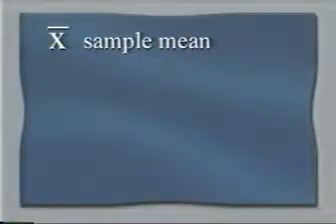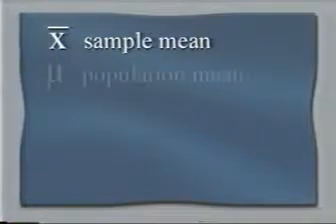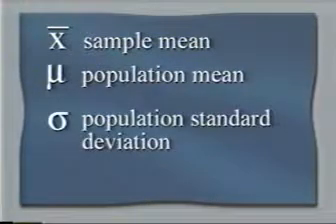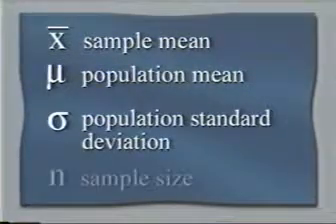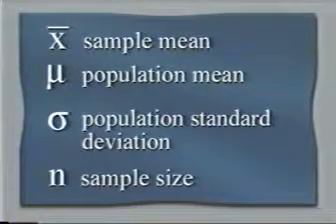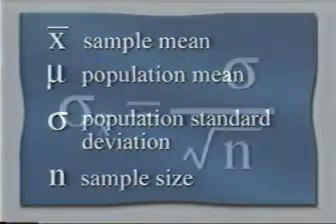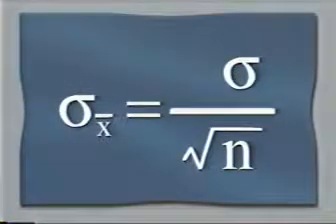What we must have to do this is a sample mean, x bar, a population mean, mu, sometimes called mu zero, the population standard deviation, sigma, and the sample size of our one sample, that is n. And we find the standard error by finding sigma x bar equals sigma over the square root of n.